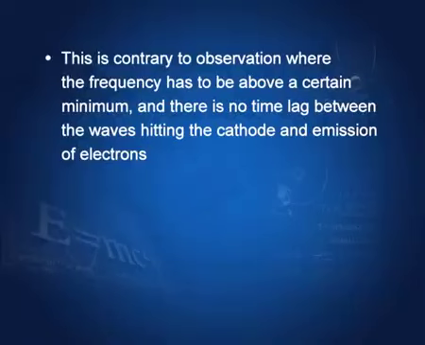The waves depositing energy slowly and then electrons coming out is not observed. There is a threshold frequency, and the frequency has to be above this minimum threshold frequency, and then there is no time lag. As soon as the waves hit the cathode, the photoelectrons come out.